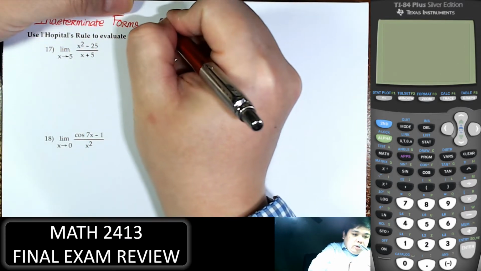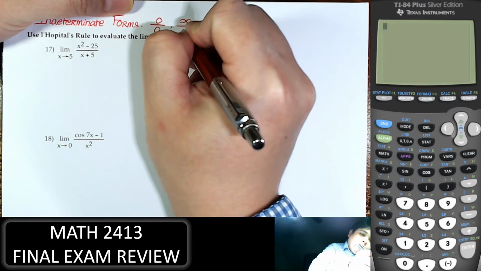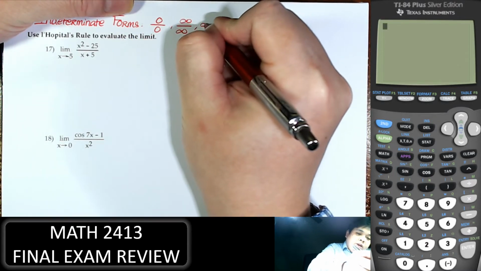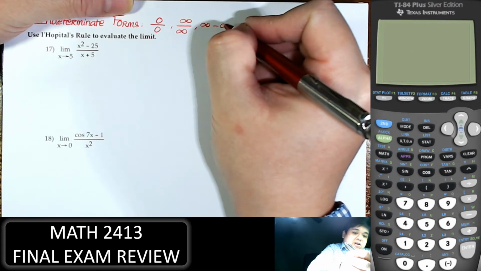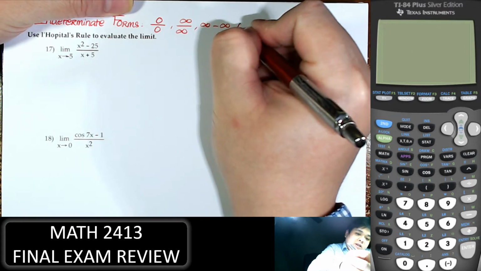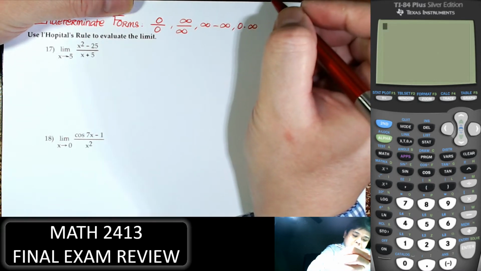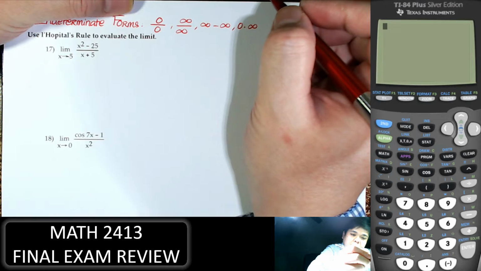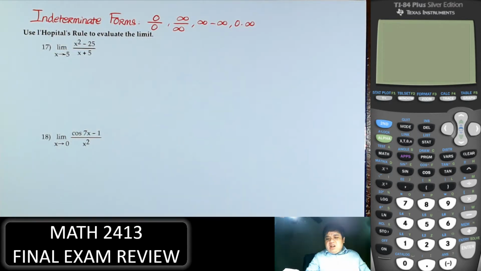The following are indeterminate forms: 0 over 0, infinity over infinity, infinity minus infinity, 0 times infinity, and then there are a few more, but that's what we have for now.